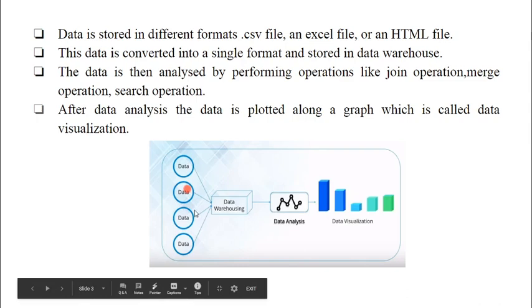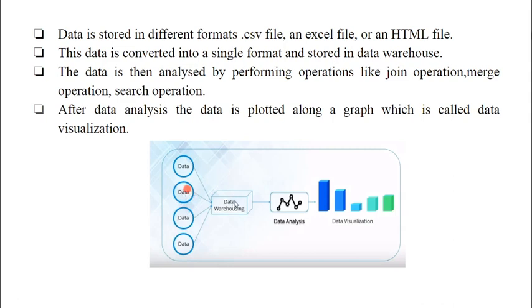So the data generated may be in different formats, and these data are converted into a single format and stored in the data warehouse. After that, the data is analyzed by applying operations like join, merge, and search. And after the operations are performed and after the data analysis, data is visualized in the form of graphs. This is called data visualization.